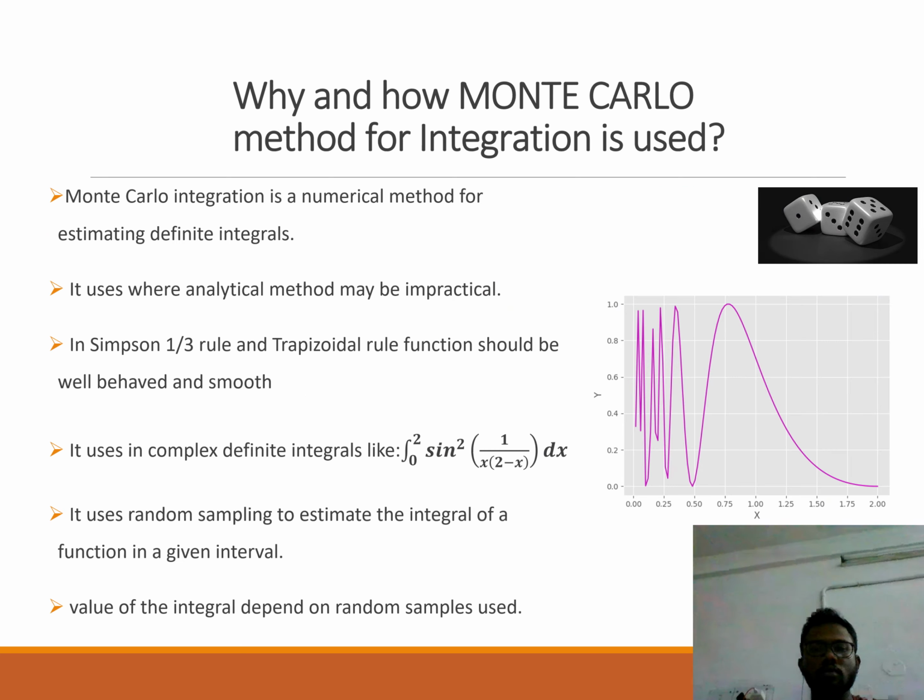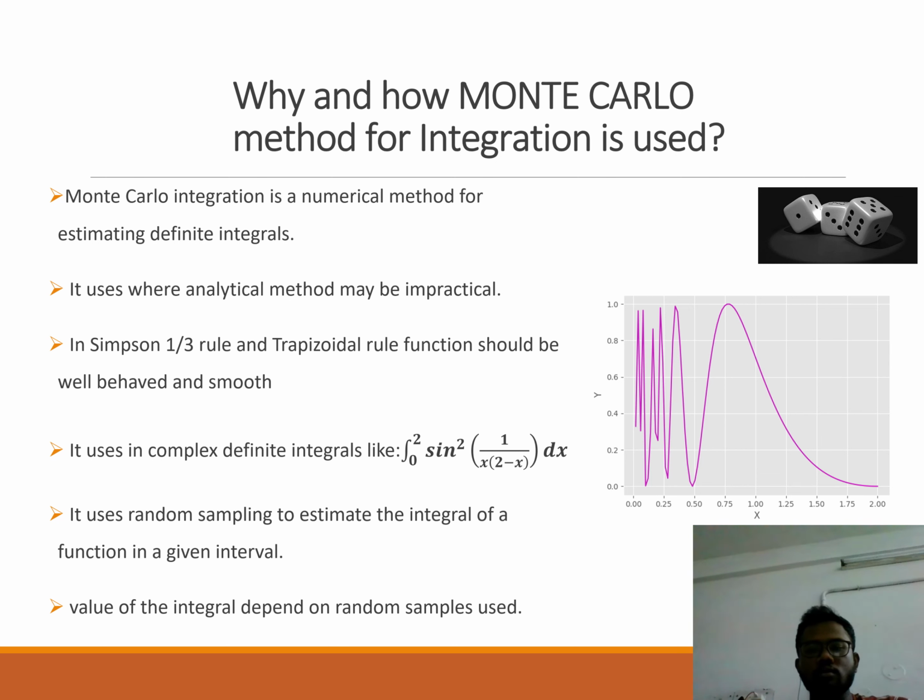Now I want to discuss why and how the Monte Carlo method for integration is used. Monte Carlo integration is a numerical method for estimating definite integrals. It is used where analytical methods may be impractical. Here we can see that for this integral, the graph is too oscillatory.